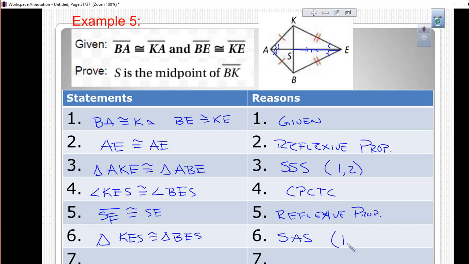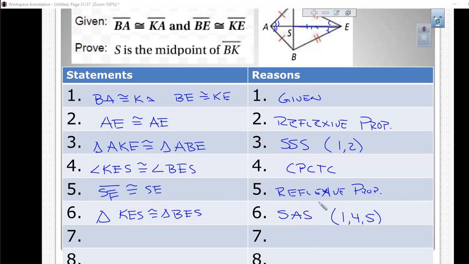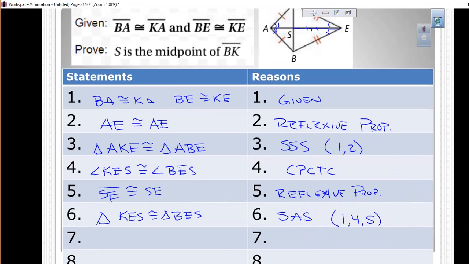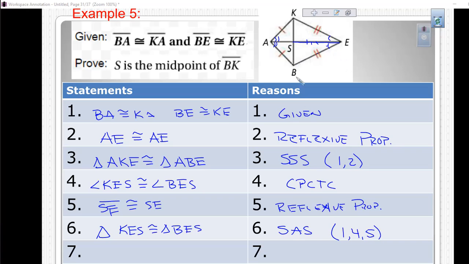Now this is using statement 1, statement 4, and statement 5 to prove that this is true by SAS. So once we've proved that these two are congruent, now we can say that their corresponding parts are congruent, which means we can say that SB is congruent to SK. And that's going to be by CPCTC.